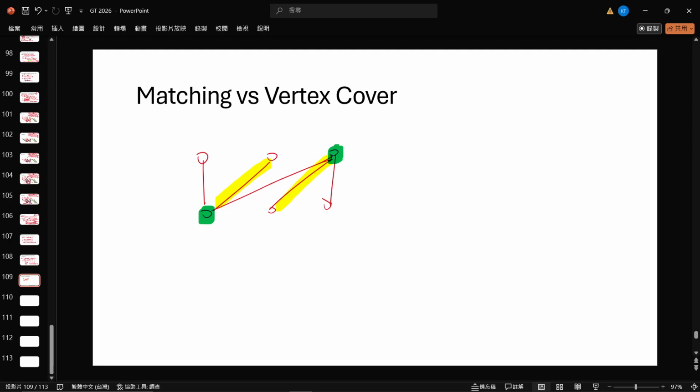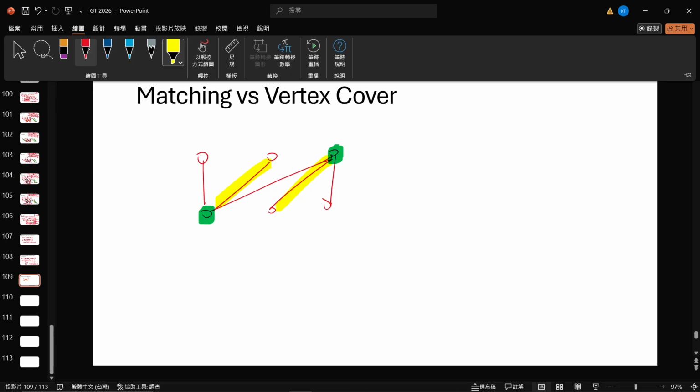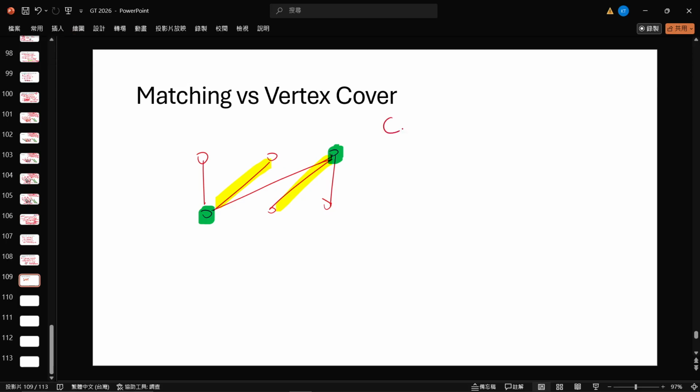But before we show that, let me first give you a simpler relationship. Okay? So C is any vertex cover. Not necessarily the minimum vertex cover, any vertex cover. So for example, you can choose all the vertices.